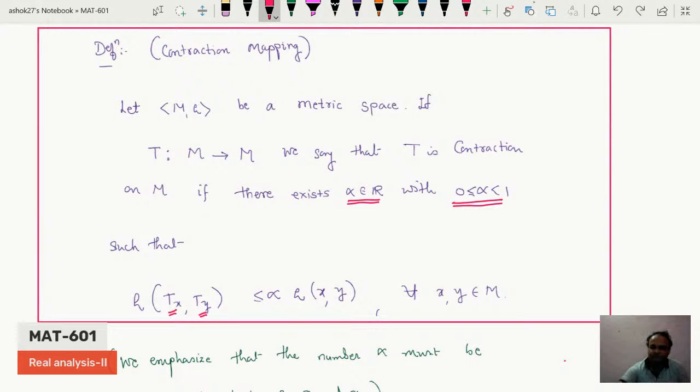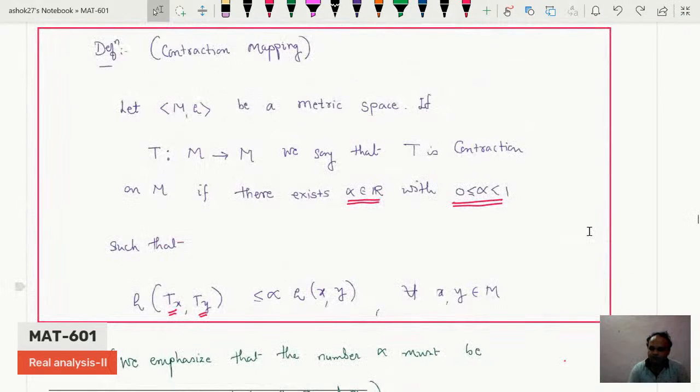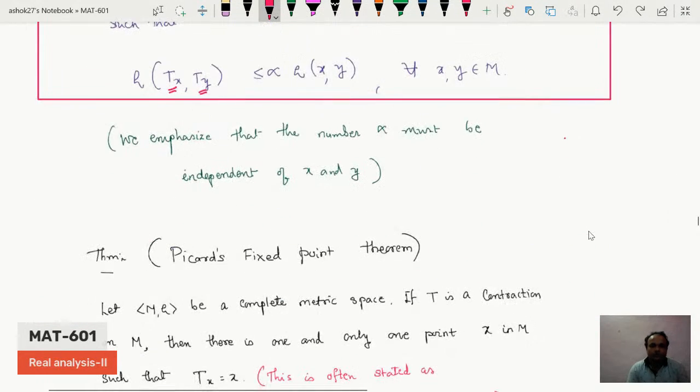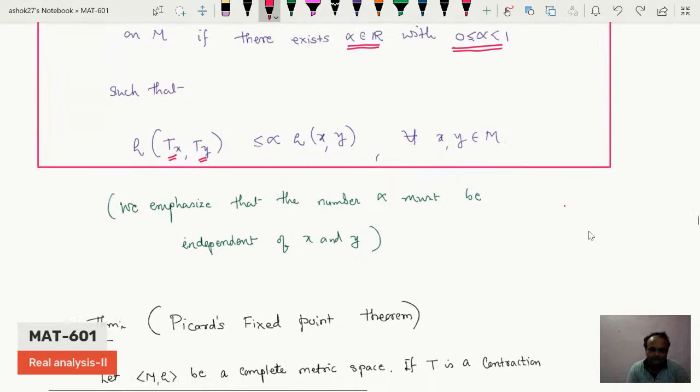So next, here this number alpha should be independent of x, y, meaning it is true for all x, y. So this alpha should satisfy this property for all x, y belonging to M, meaning alpha is independent of x, y.